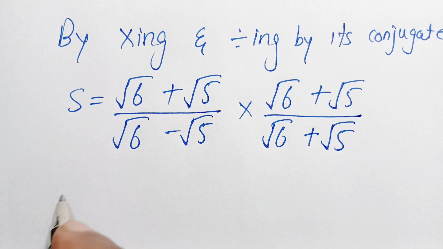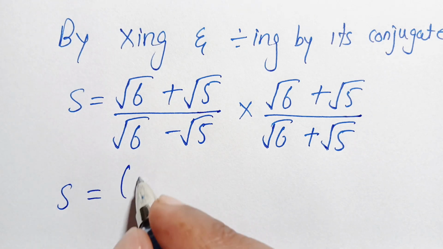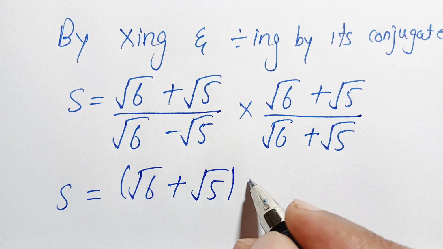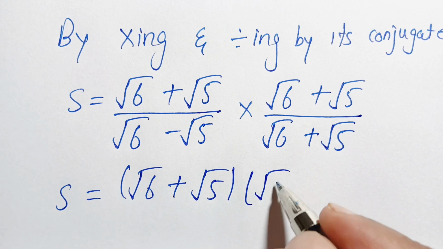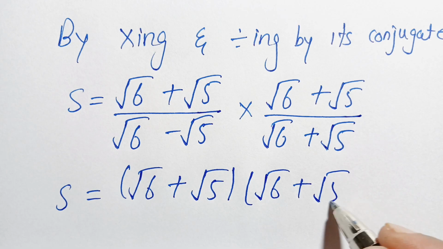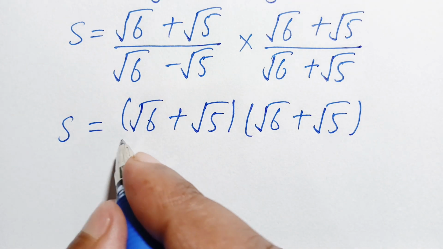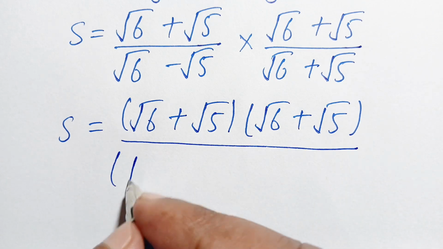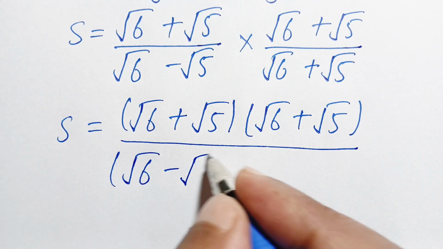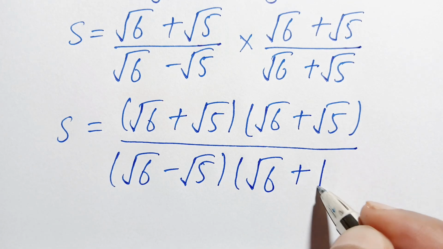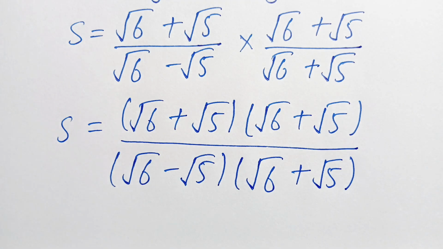Now S is equal to (square root 6 plus square root 5) into (square root 6 plus square root 5) over (square root 6 minus square root 5) into (square root 6 plus square root 5).